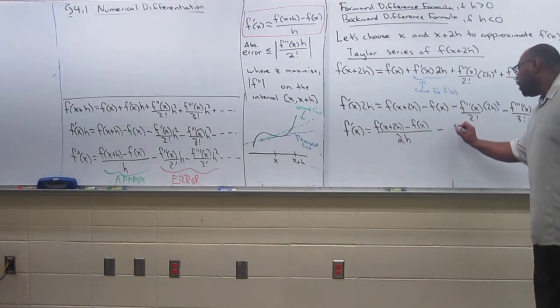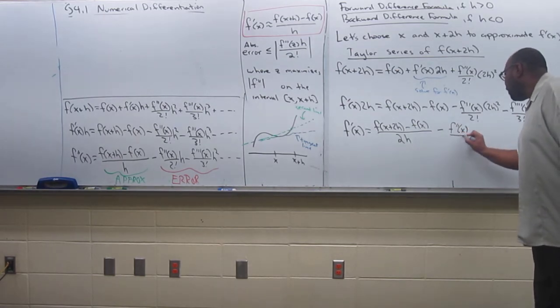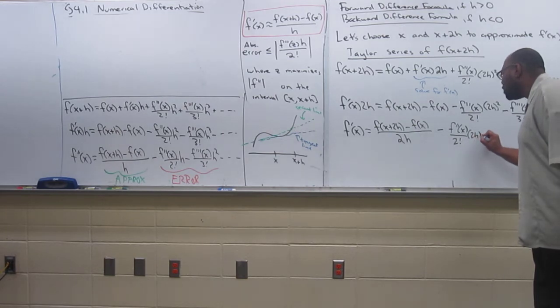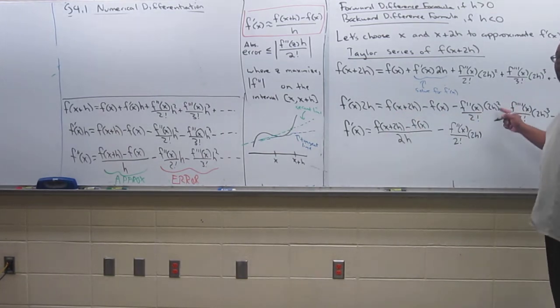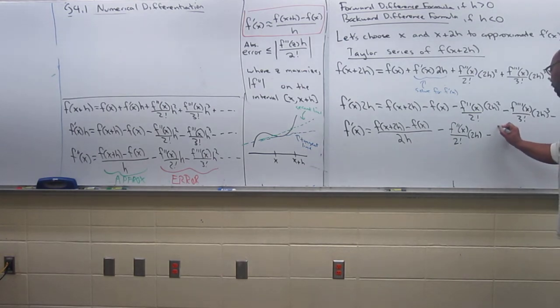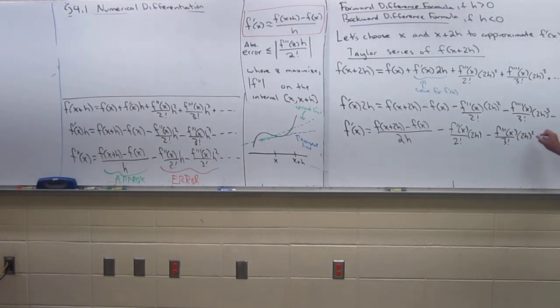I get f double prime of x divided by 2 factorial times 2h, because when I divide by 2h, one of these 2h's is canceled. Minus f triple prime of x divided by 3 factorial times 2h squared now. That's divide out one of the 2h's.